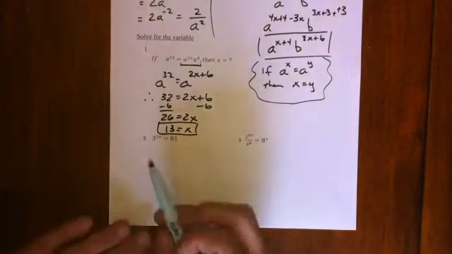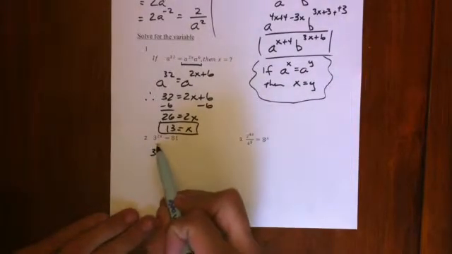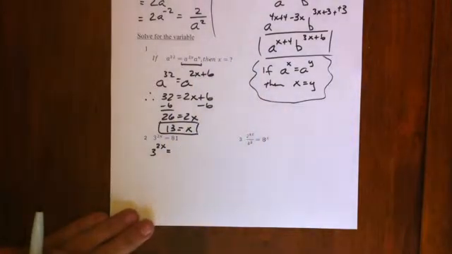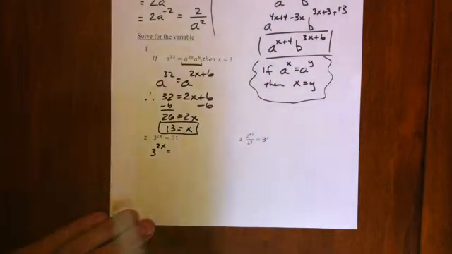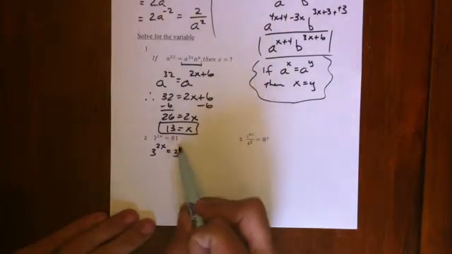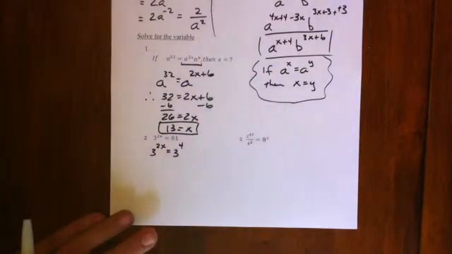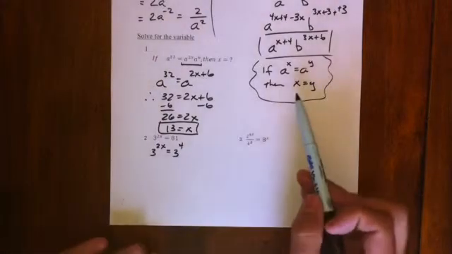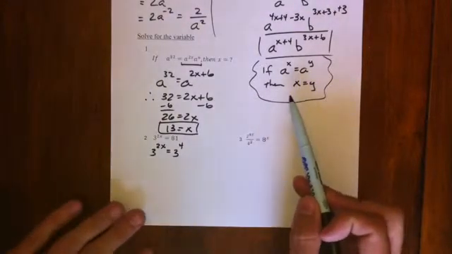Well, what I could do is this. It's 3 to the 2x. Now I'm going to rewrite 81 as 3 to the 4th power. Why did I do that? Well, the reason is because of the rule we just talked about.